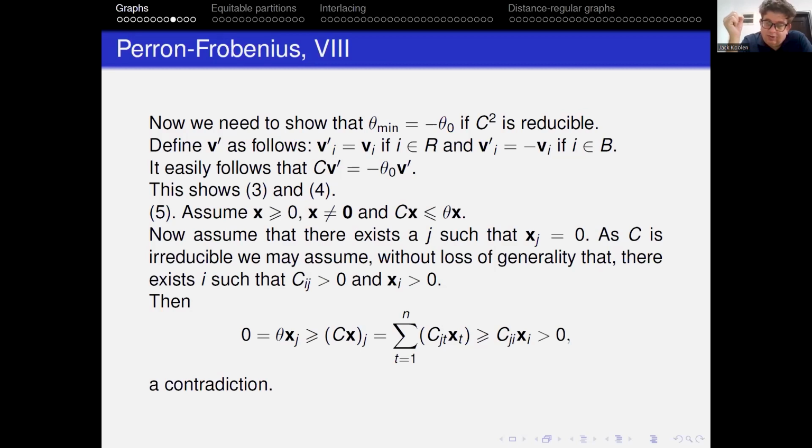And that is greater or equal to this entry because all the entries in x and in C are non-negative. So if one entry is already greater than 0, then the rest is greater or equal to this. So this means that 0 must be greater than 0. And this is a contradiction. That's it. And this shows the A part of part 5.